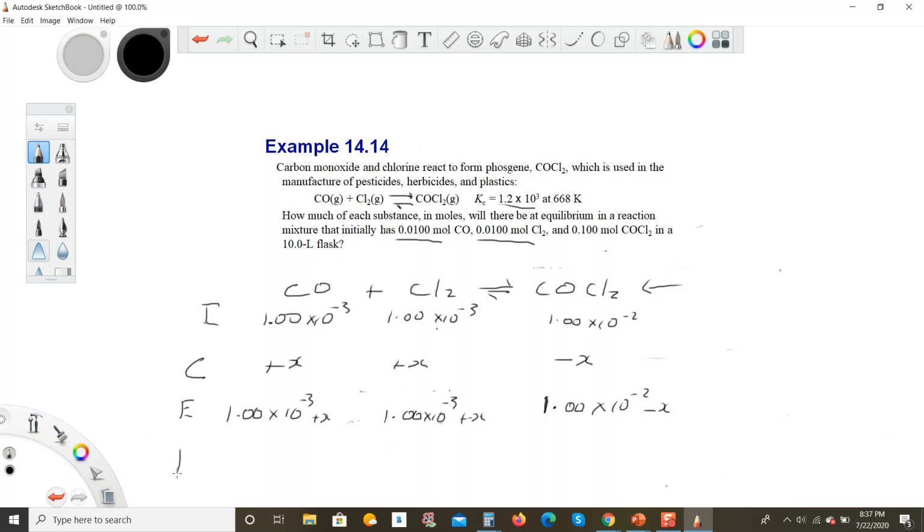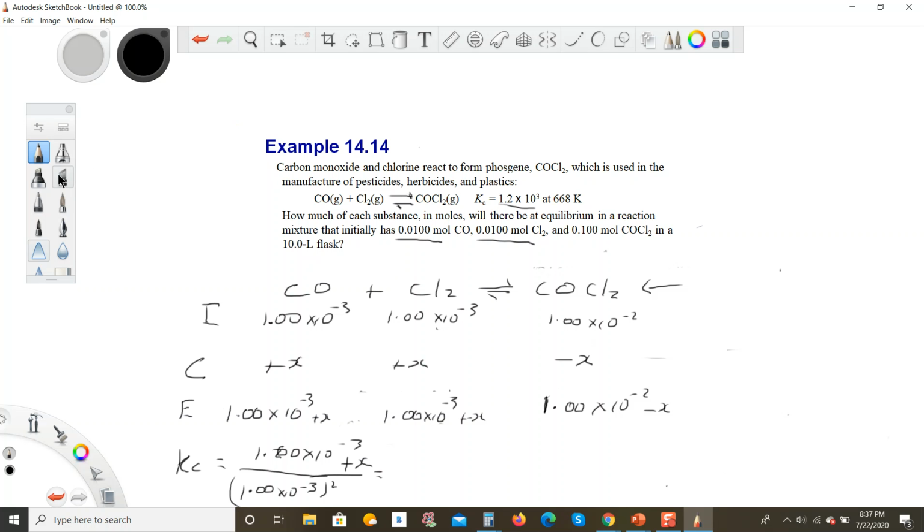So therefore, Kc will now become equal to the concentration of COCl2, which is 1.00 times 10 to the minus 3, divided by 1.00 times 10 to the minus 3 squared. Oh, I'm sorry, this should be plus x here.